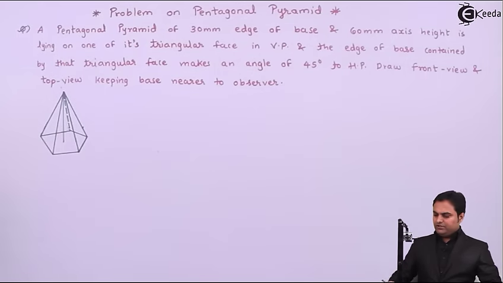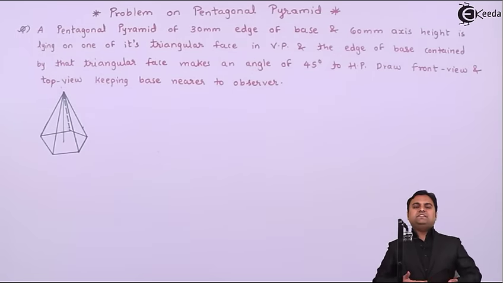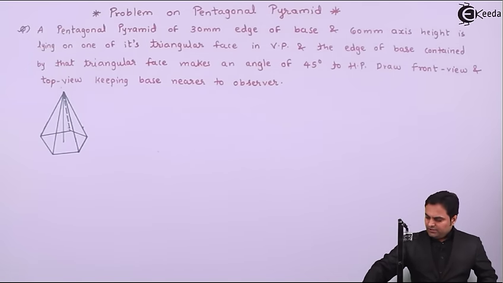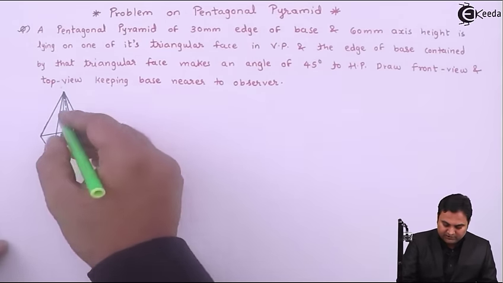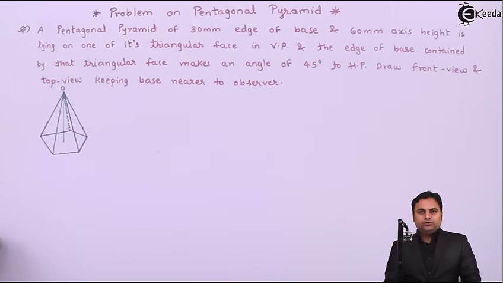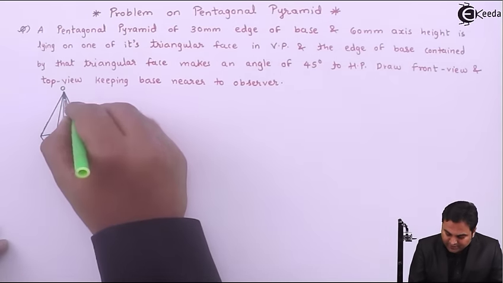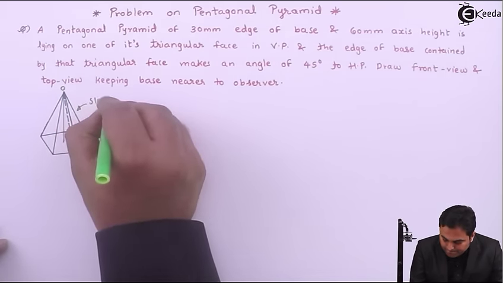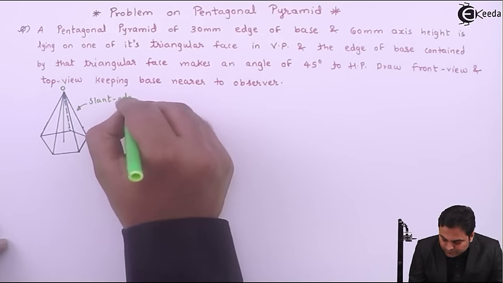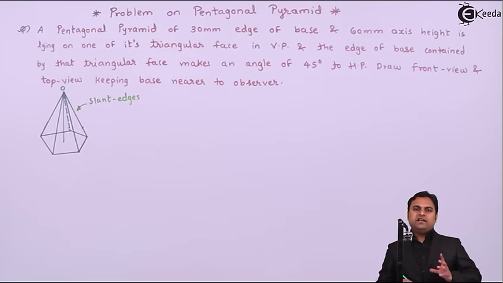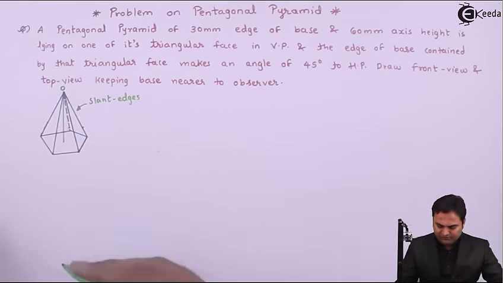So here is the pentagonal pyramid having the base in the form of a pentagon, that is a five-sided figure, and here it has 5 corners. Those 5 corners are connected to a common vertex or apex point O. Then it has these slant edges, and then there are 5 slant edges and 5 triangular faces.